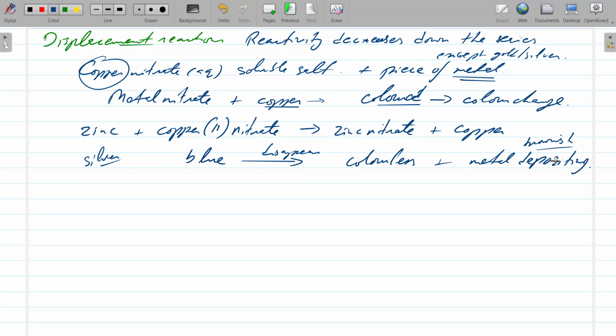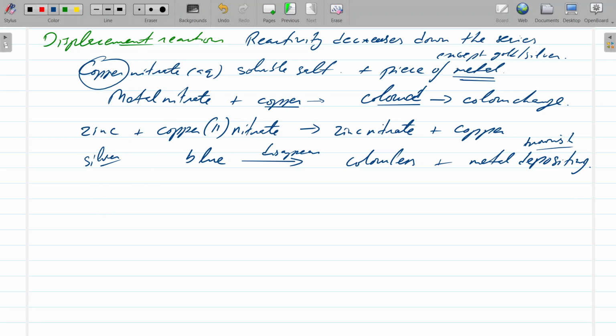So you're going to notice a color change in these kinds of reactions. The color depends on which metal and which soluble salt you're using. Normally you'd use nitrates. In fact, there's an experiment given in the book as well.